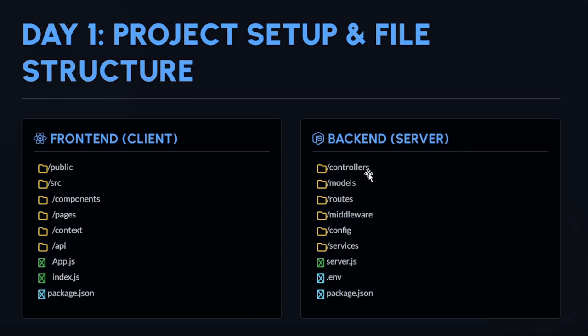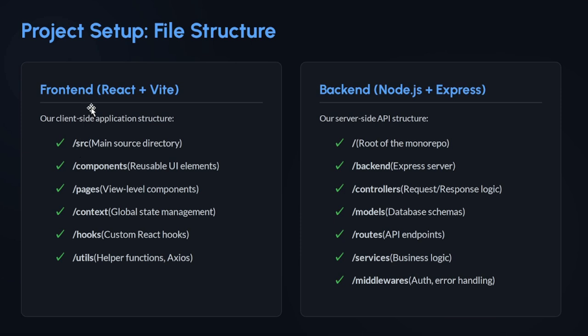In the backend we have controllers, models, routes, middleware, config, index.js, .env, package.json. For the front end we use React plus Vite, and for the backend we use Node.js plus Express.